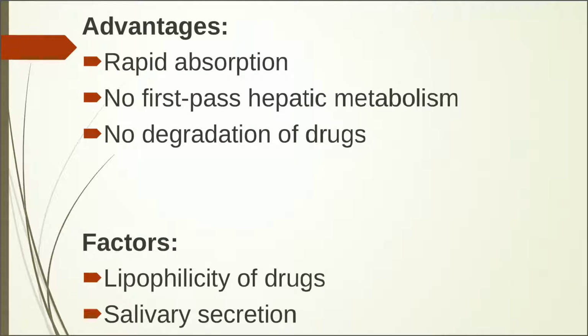The advantages of buccal as well as sublingual route include rapid absorption of drug into blood circulation, no first pass hepatic metabolism, and thus the bioavailability increases, and there is no degradation of drug because of the acidic environment of the gastrointestinal tract.